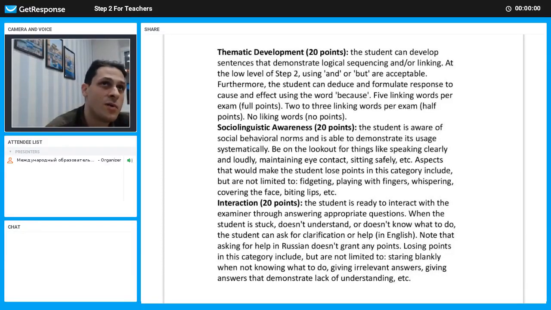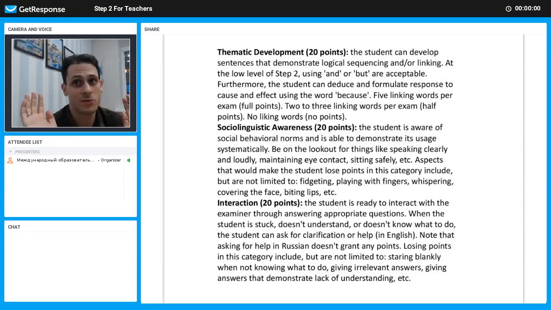I like playing sports because they're fun. Perfectly enough for step 2, but it shows that there's some logical development. Sociolinguistic awareness, the person can normally maintain eye contact and so on. That's pretty easy. And interaction shows that sort of the light is on.